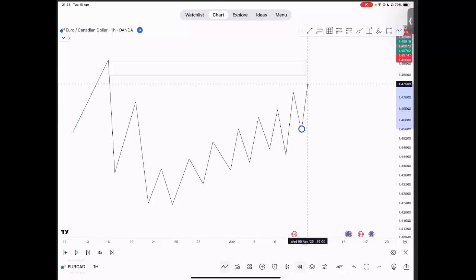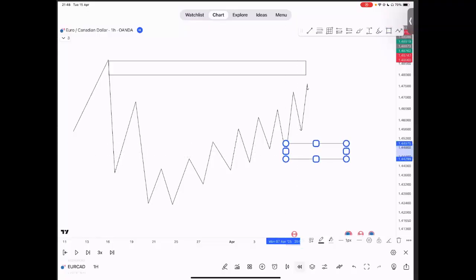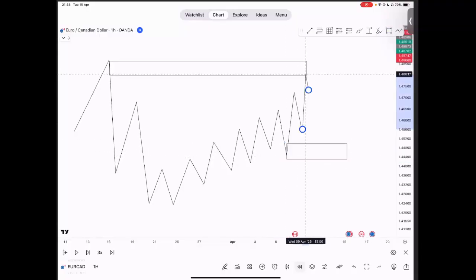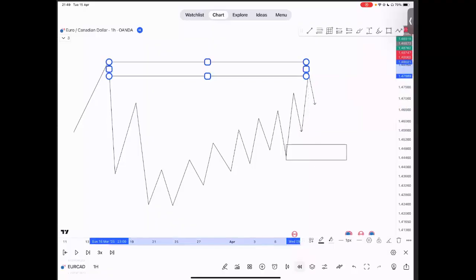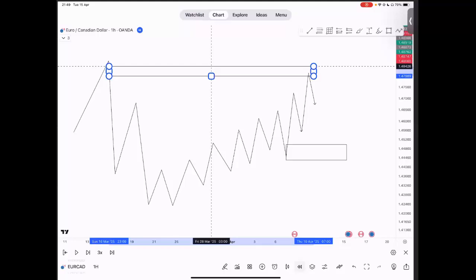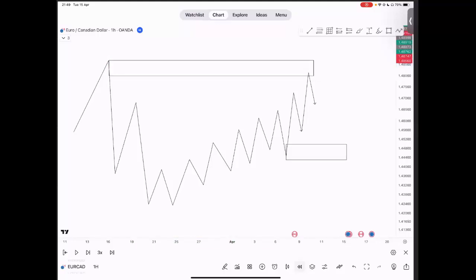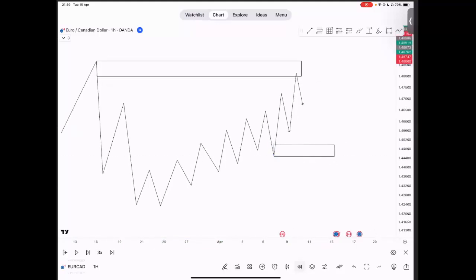Now, for something like this, you wouldn't be looking to buy at this level if this mitigation is from a supply zone, because most likely you now understand that price is reacting from a supply zone, which means that for now price is bearish.